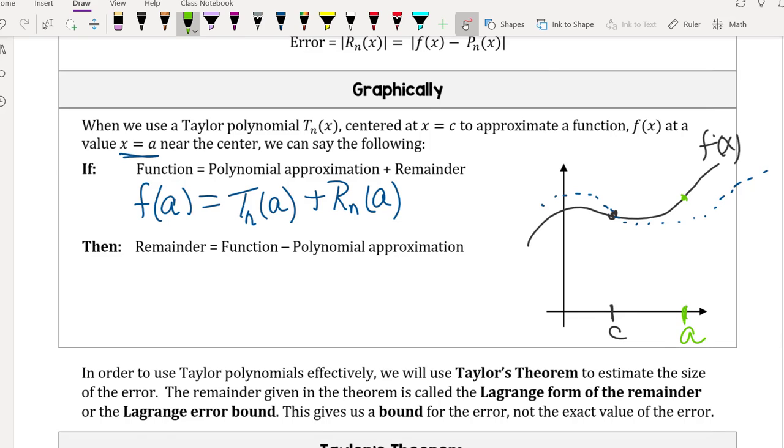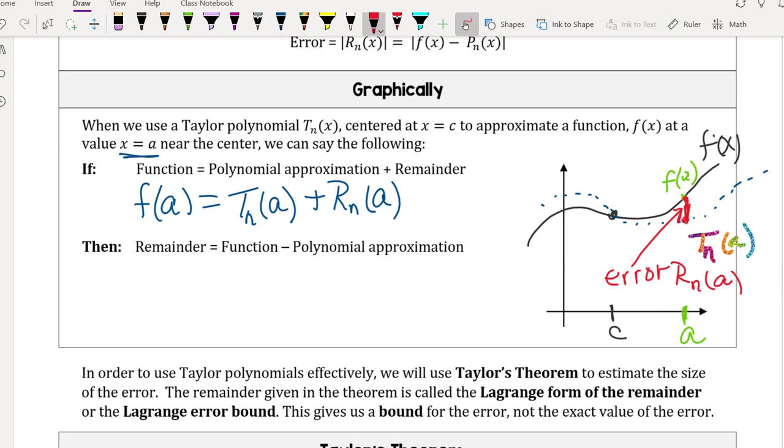The point up here that I marked is f of a. But right below it, this point is t sub n of a. So this distance right here between these two, that is our error. That's our r sub n of a.